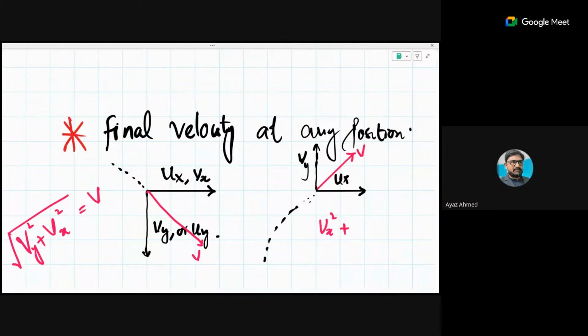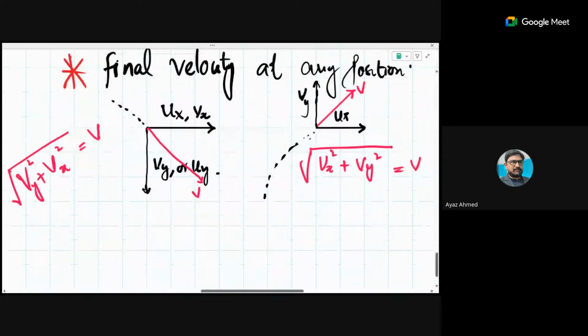And the vertical component you can write in different ways, that is vy square. So this is the final velocity after some time.